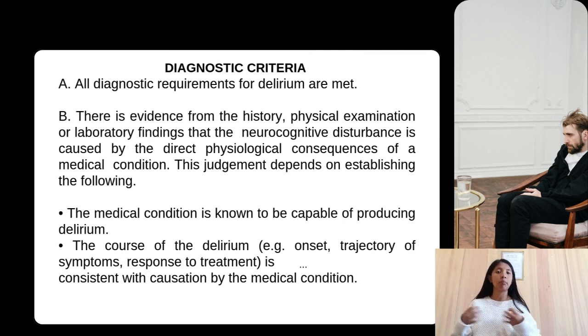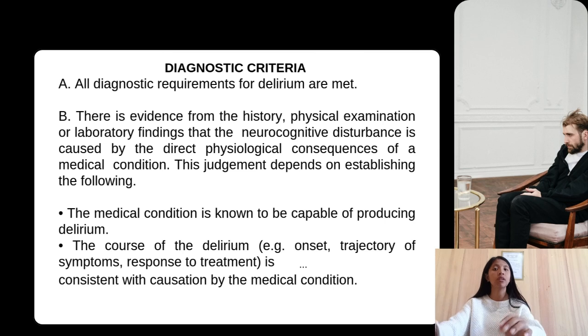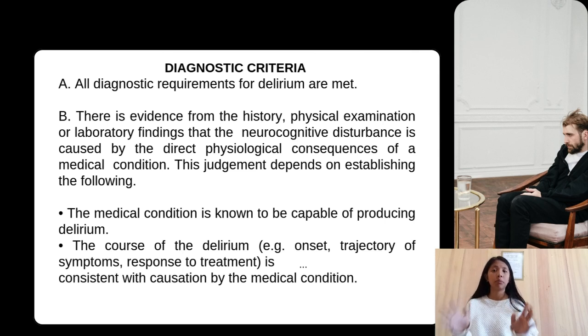Also, the judgment depends on establishing the following conditions. Letter A, the medical condition is known to be capable of producing delirium. And letter B, the course of delirium, onset, trajectory of symptoms, response to treatment is consistent with the causation by the medical condition.